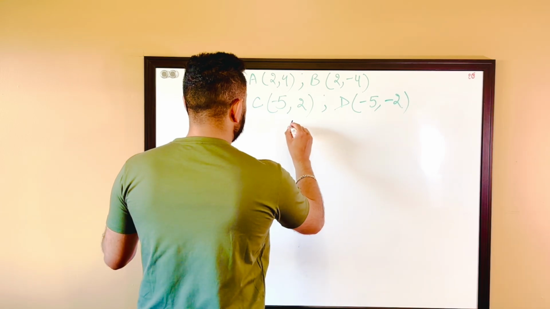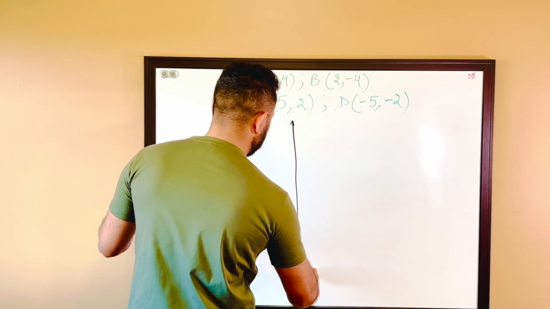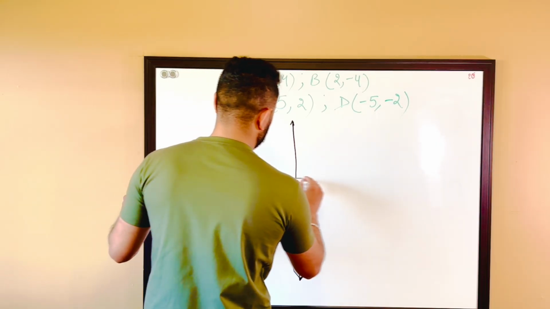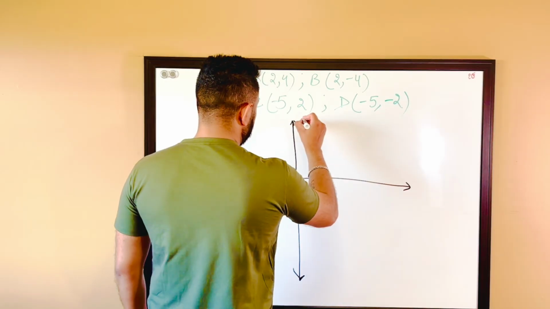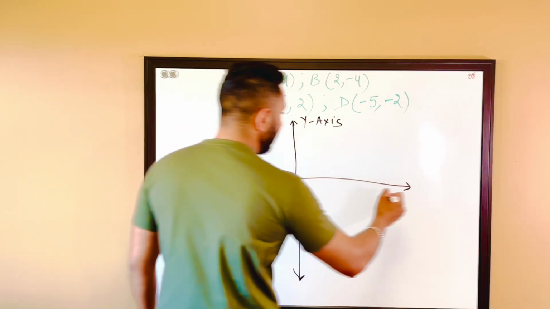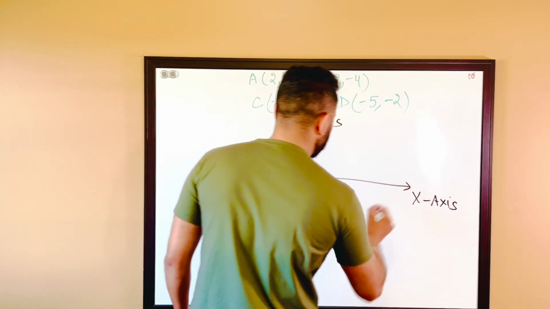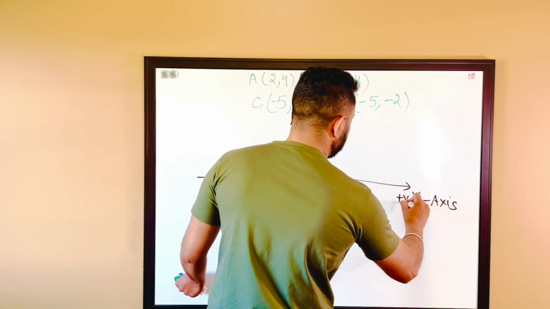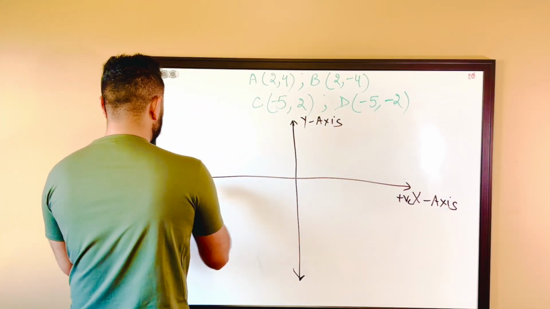So first of all, let's make a two-dimensional grid. And this is y-axis that works vertically, and this is x-axis that works horizontally. And the points on the right hand side they are positive, and the points on the left hand side they are negative.